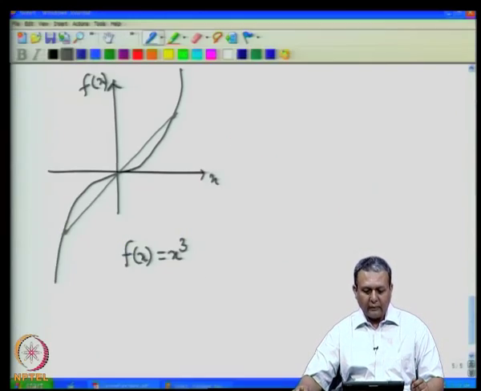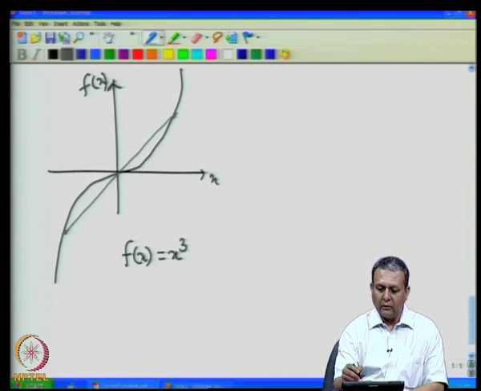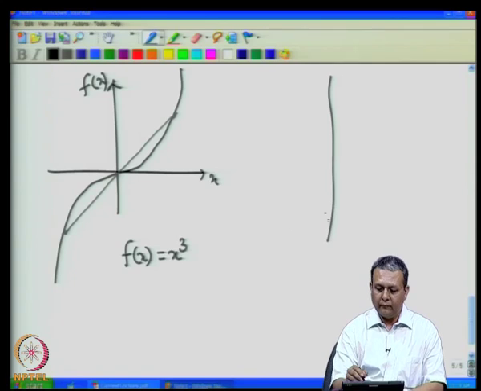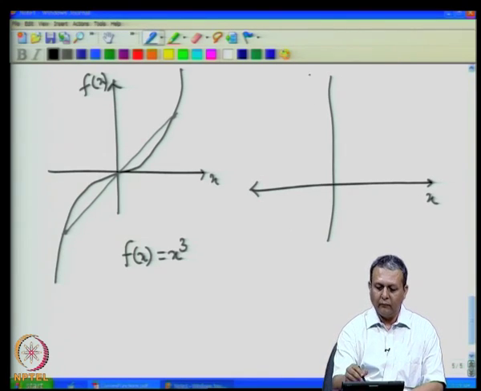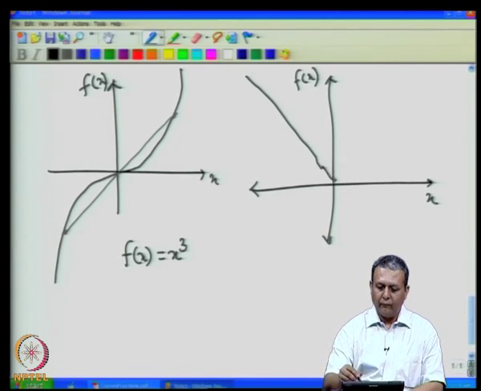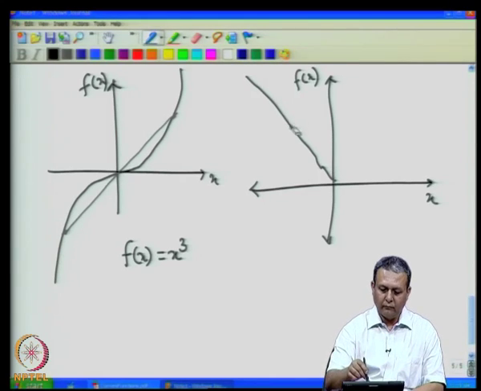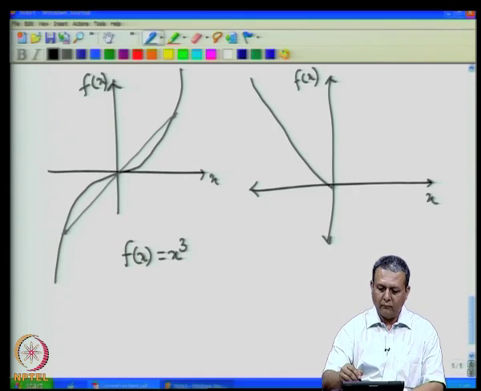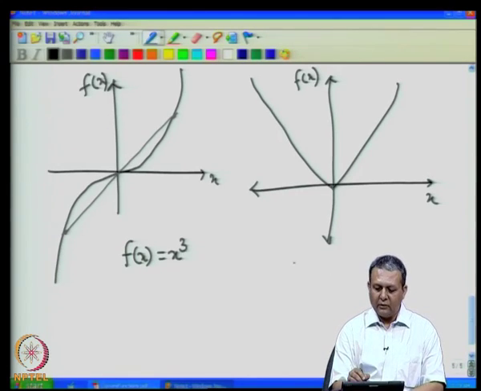So, let us look at how this function looks like. So, this is f of x equal to mod x.